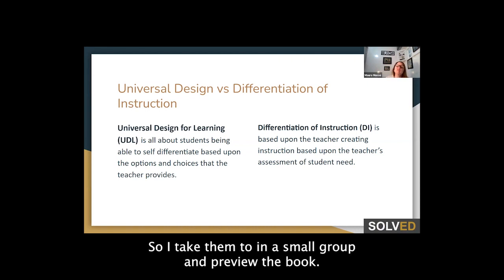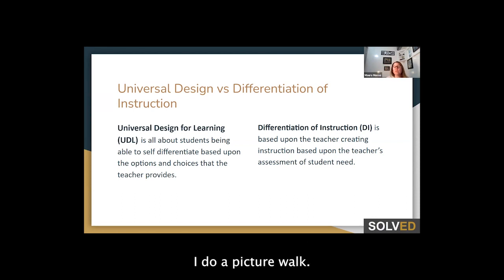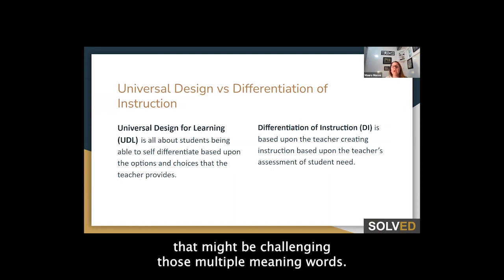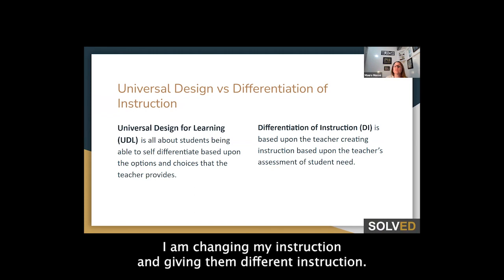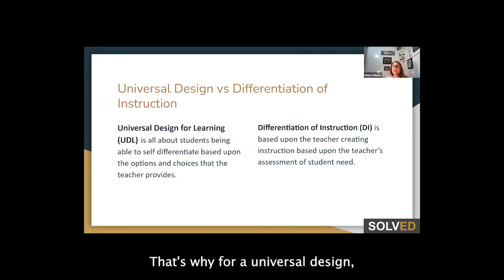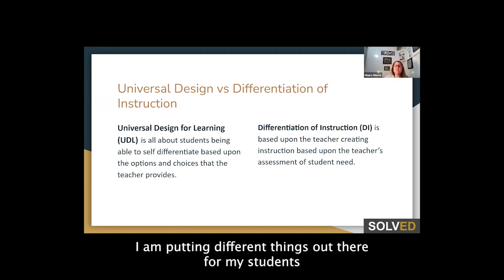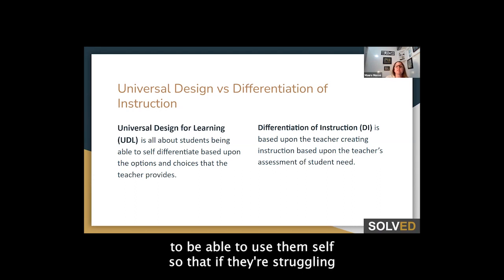So I take them in a small group and preview the book. I do a picture walk. I take them through some of the vocabulary that might be challenging, those multiple meaning words. I'm changing my instruction and giving them different instruction. That's DI.